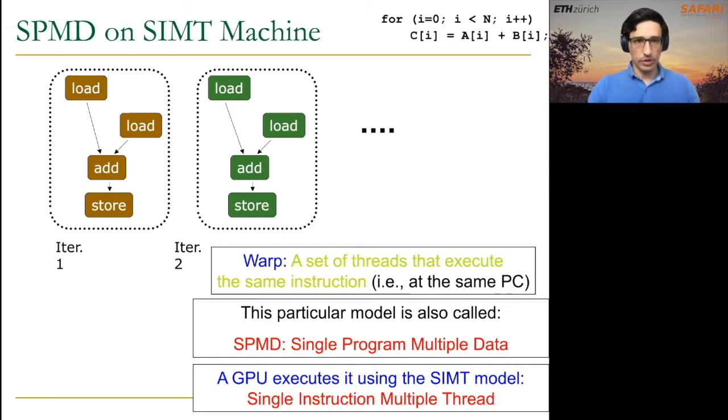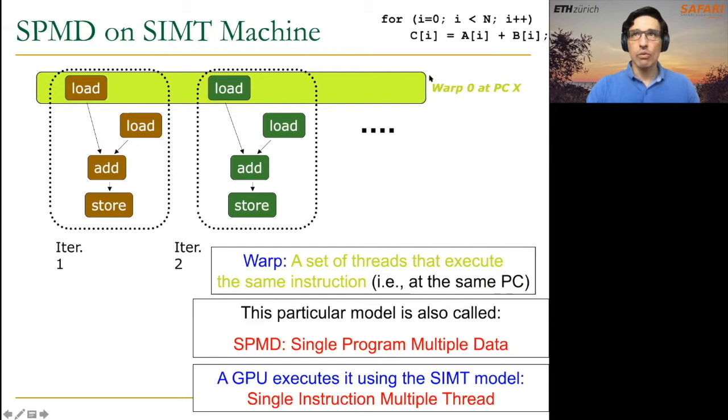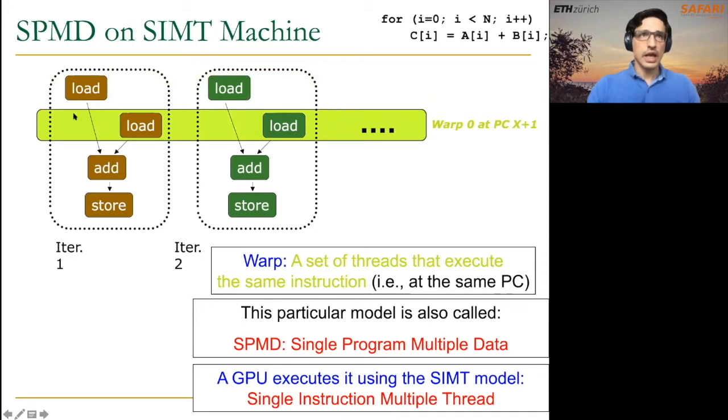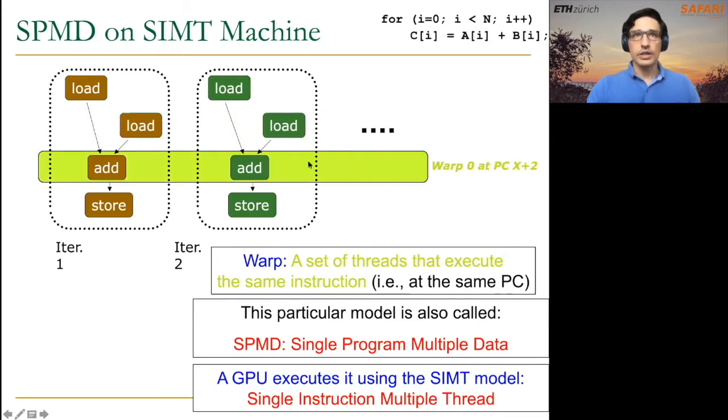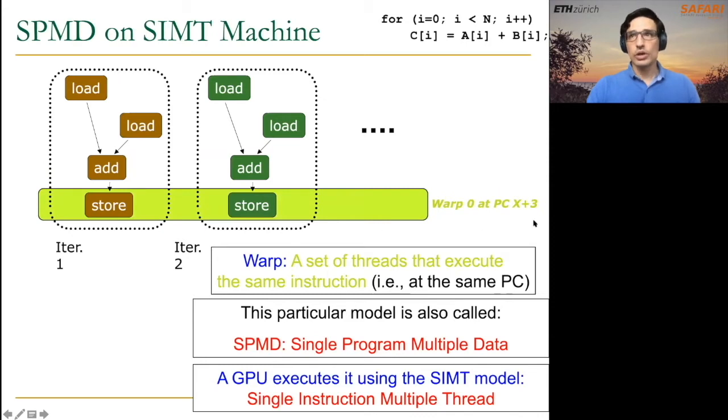For example, here, these two loads are going to be part of the same SIMD instruction that is going to be executed by warp 0. This instruction is, for example, stored in PCX, and then the next instruction for warp 0 is in PCX plus 1, this addition is PCX plus 2, and this store is PCX plus 3.